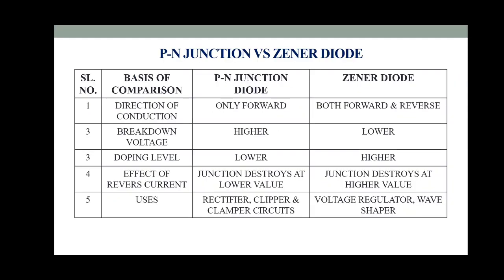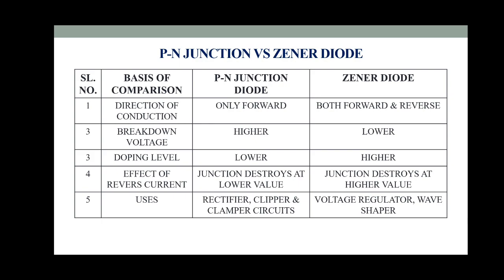Now, a comparative statement is there for PN junction diode versus Zener diode. Regarding the direction of conduction, a PN junction diode only conducts at forward bias. However, a Zener diode can conduct in both forward and reverse direction, as you know. Now, the reverse breakdown voltage is higher for a PN junction diode and lower for a Zener diode. Doping level is lower for a PN junction diode and higher for a Zener diode. These have all been explained earlier.